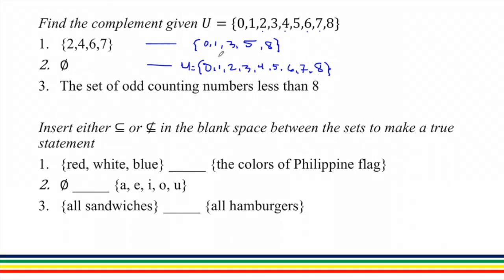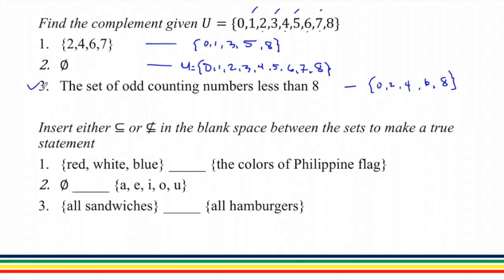Number 3, the set of odd counting numbers less than 8. What are the odd counting numbers less than 8? We have 1, 3, 5, and 7. So what's left are 0, 2, 4, 6, and 8. This is the complement of number 3.